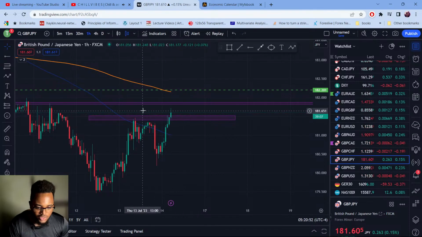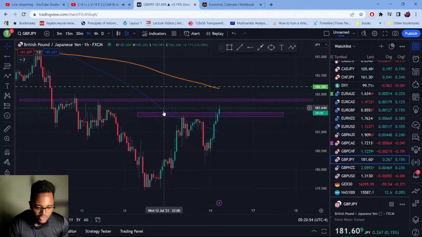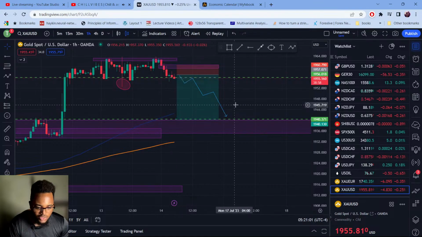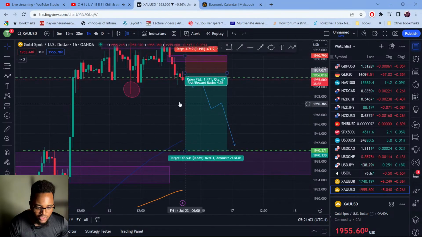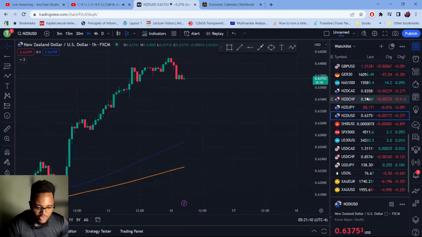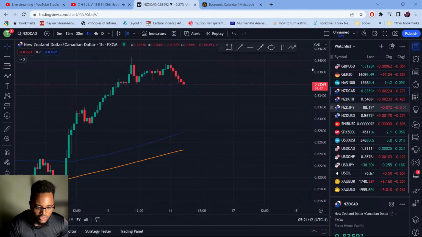Alright, so look, GJ actually printed a little higher right here. We may come into this zone, and then we may even come higher. Who knows? Gold flipped a little bit here. If we could get a break to the downside here, continuation seems more likely to the downside, for the pullback, so to speak.